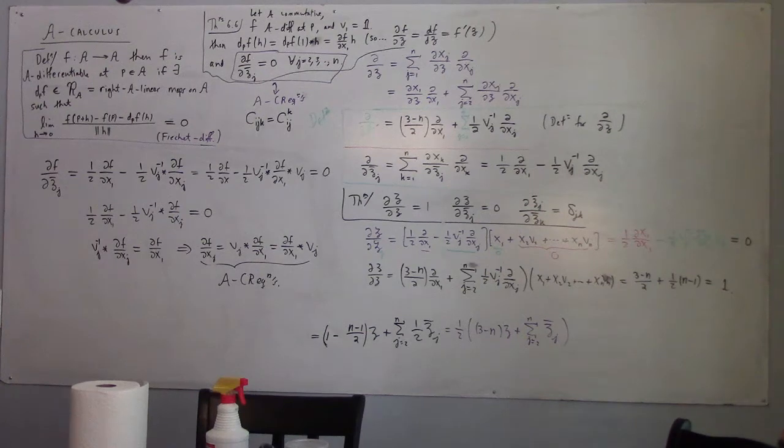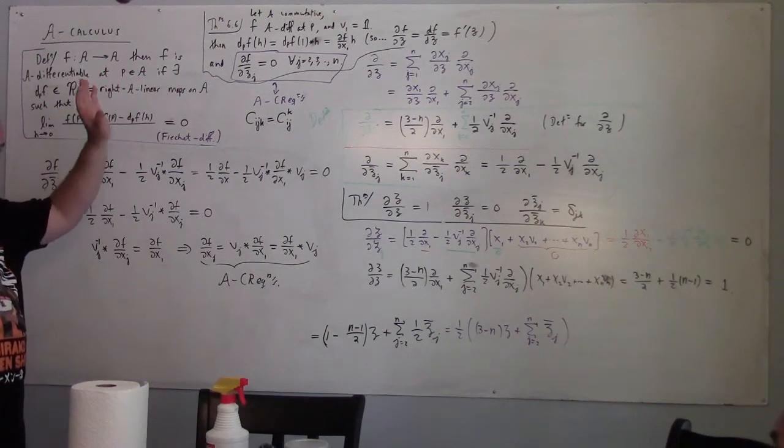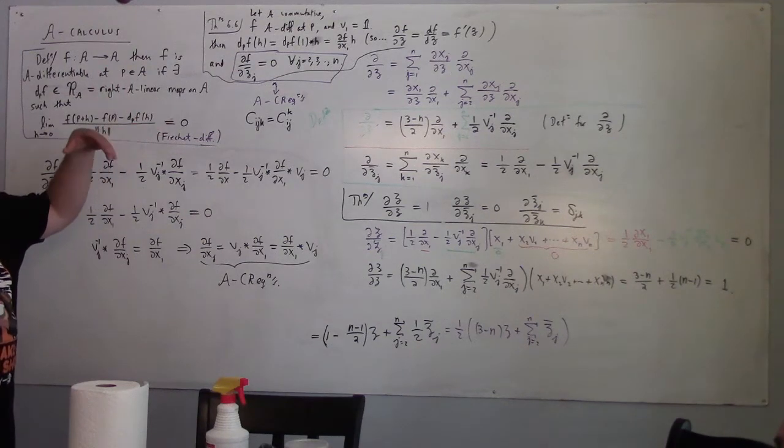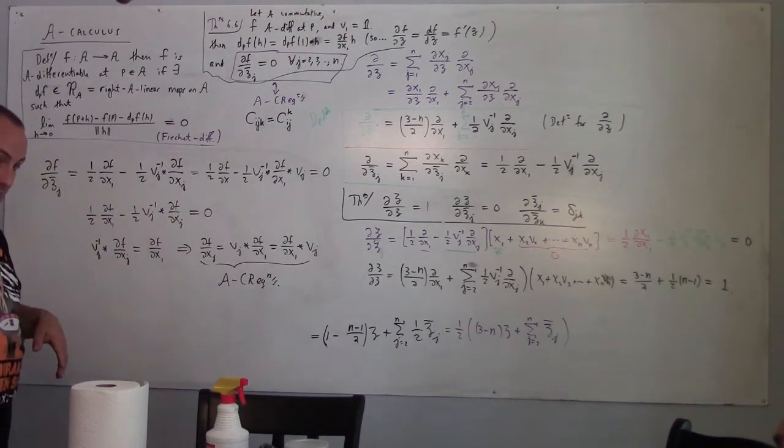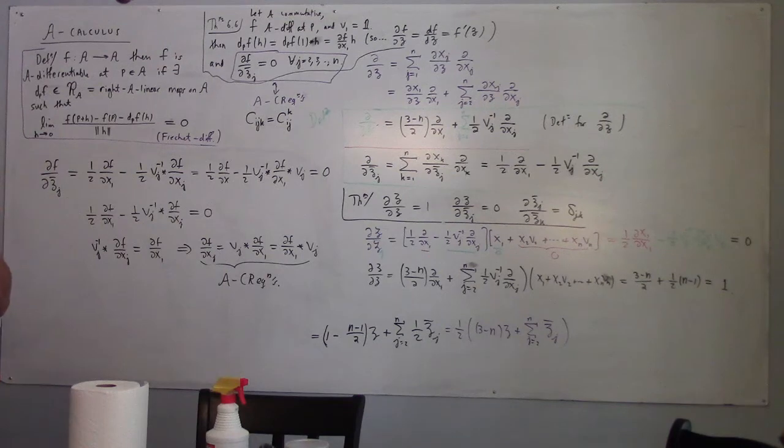Other people might say, when I think of Cauchy-Riemann equations, I'm thinking of the component level. Because remember, f has component functions U1, U2, all the way through Un, so n real component functions. I say that there are n minus 1 Cauchy-Riemann equations, but at the level of scalar equations, there are n times n minus 1, which is n squared minus n scalar equations.